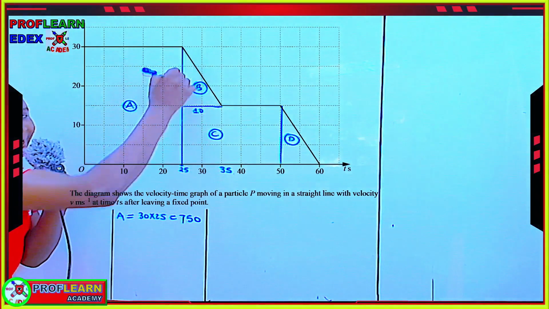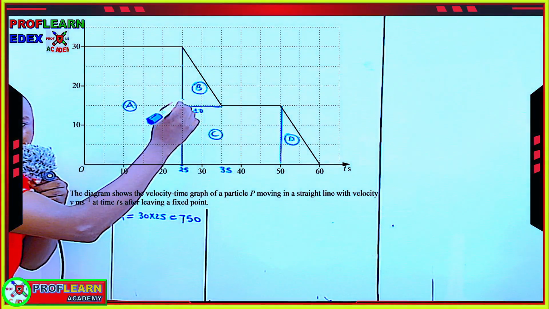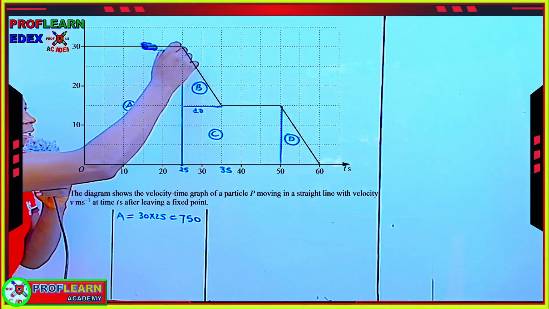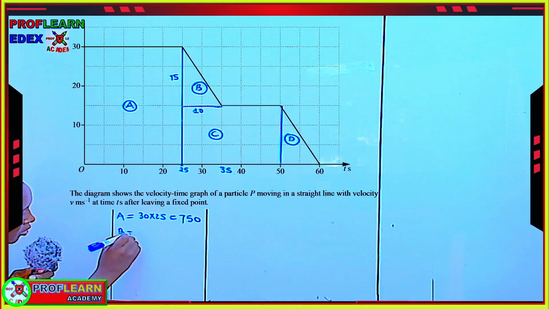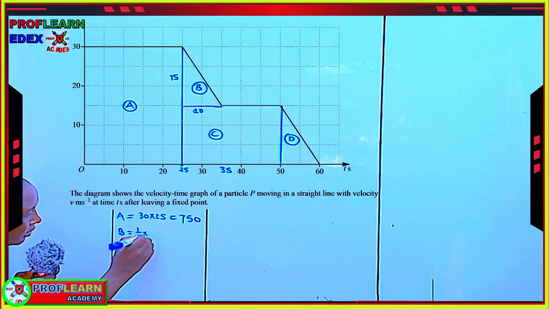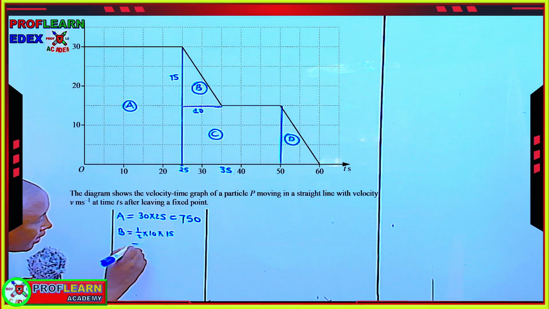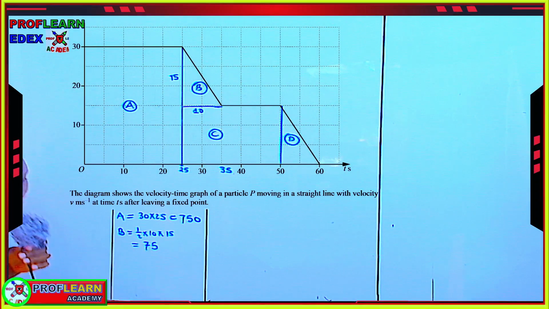And what is the height of this triangle? It's moving from 15 all the way to 30, so that is actually 15. The height of this triangle is 15. So B is going to be a half times base, which is 10, times height, which is 15. If you work it out, you are going to get 75 at that point.